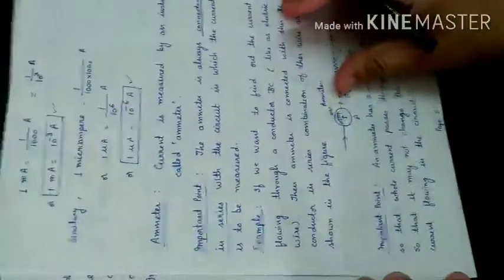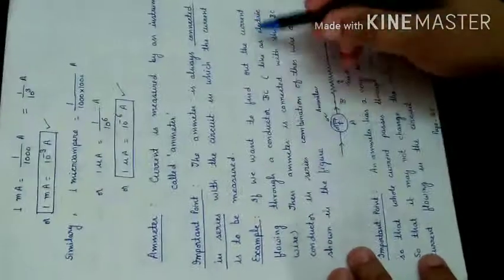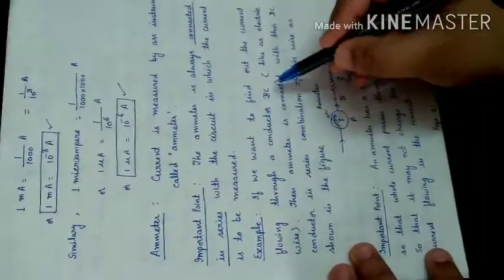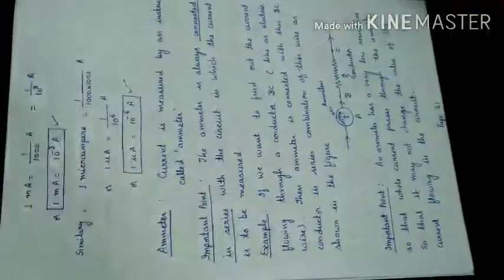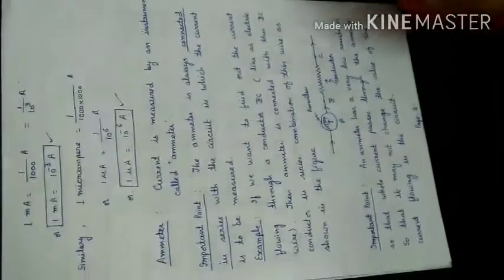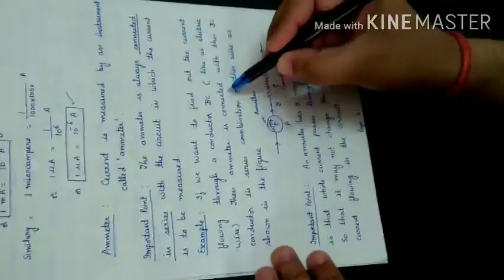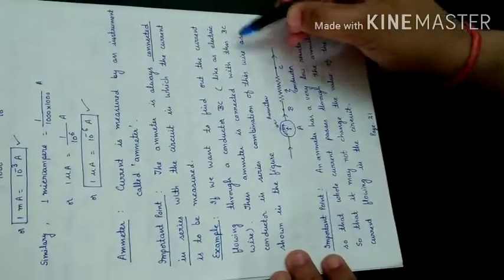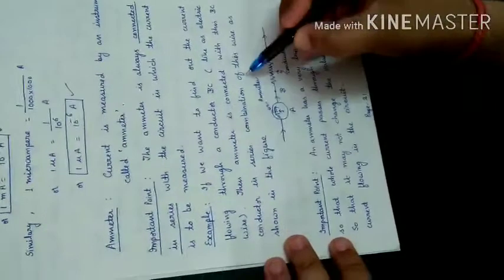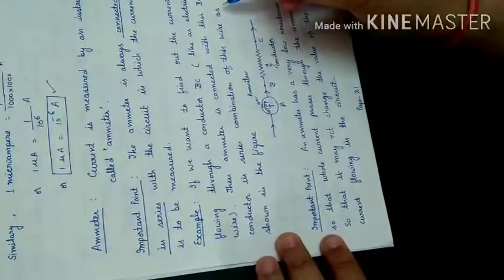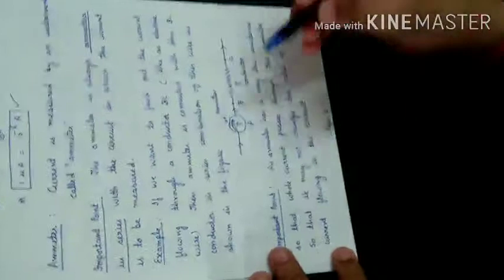Example: if we want to find out the current flowing through a conductor, let it be BC, like an electric wire, then the ammeter is connected with this conductor BC in series combination, as shown in the figure.